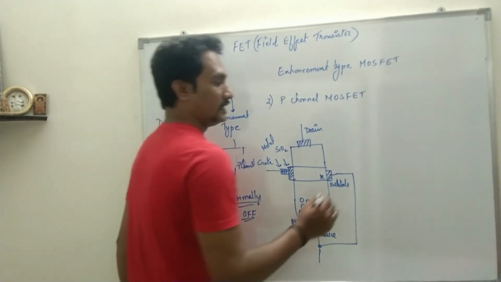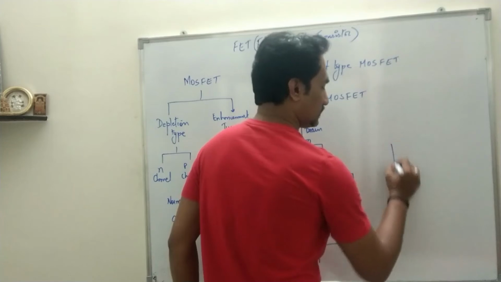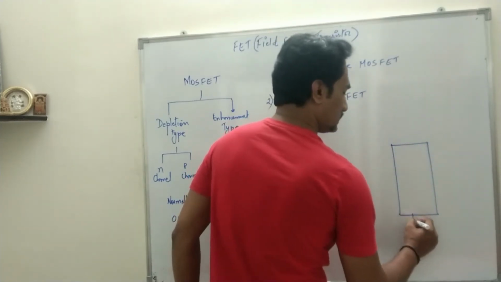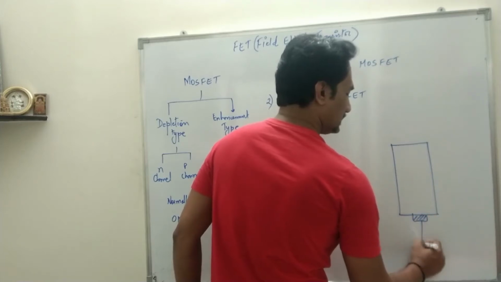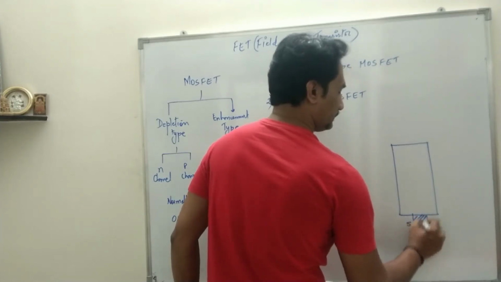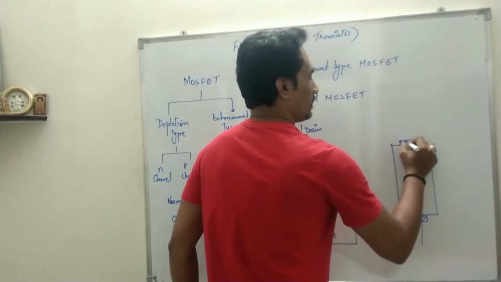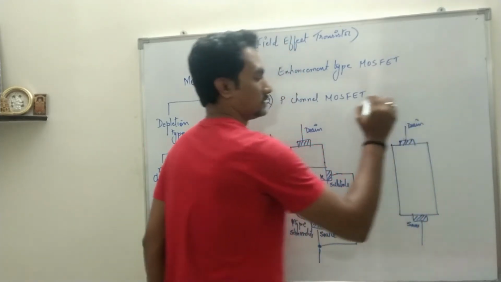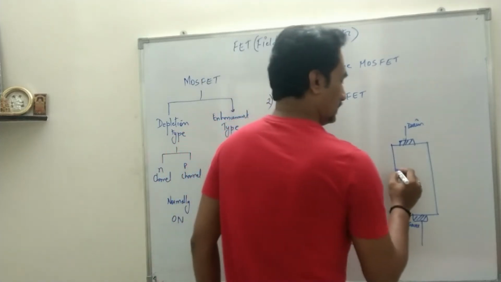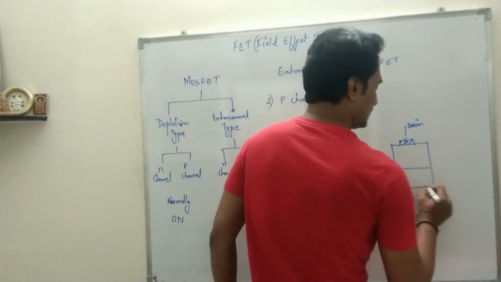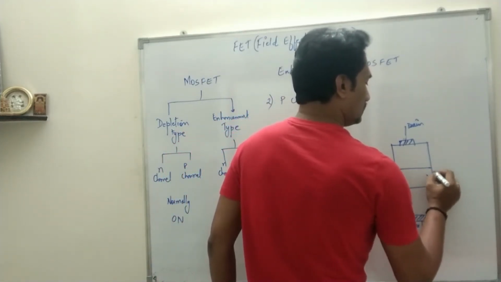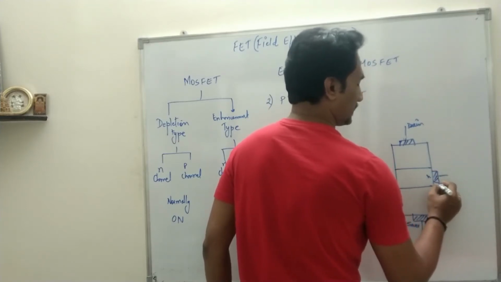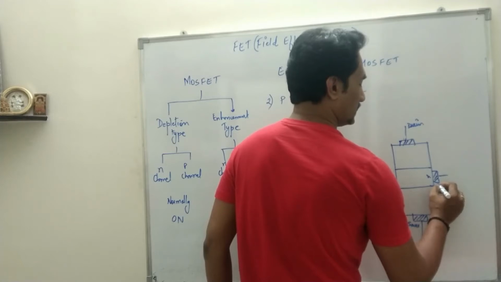Okay, and now we will try to understand the working. So we will draw the diagram once again. These two terminals will be called source and drain. The N region will be extended up to the capacitor formed by the MOS, metal oxide semiconductor.